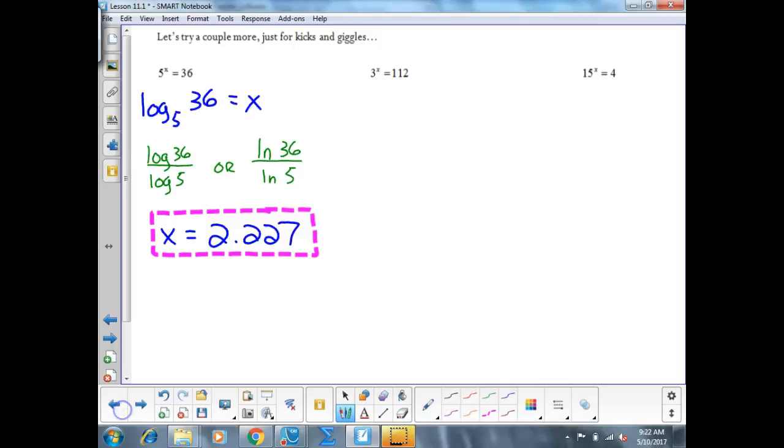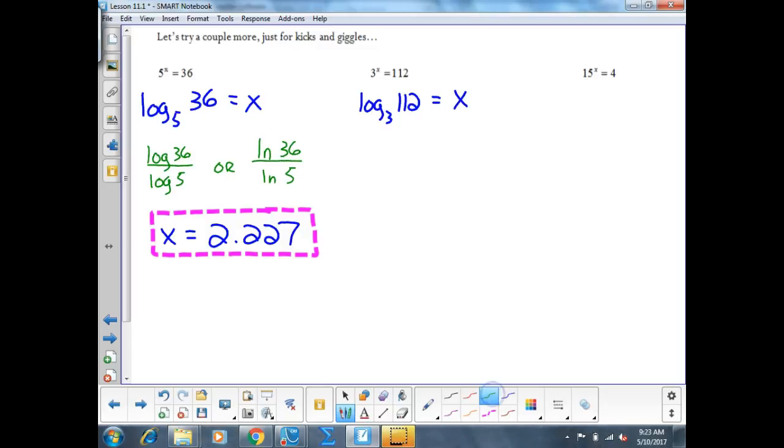Now, the logarithmic form of the second one is what? Log base 3 of 112 equals x.